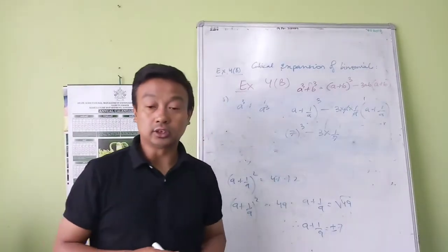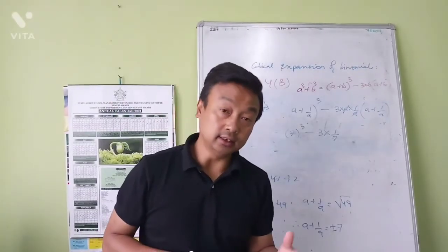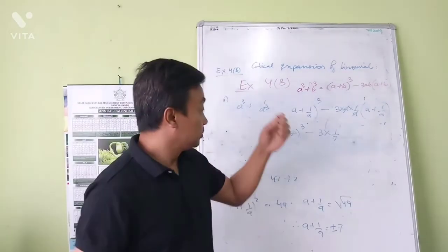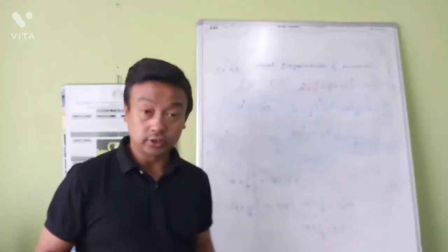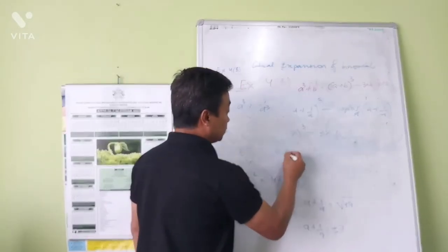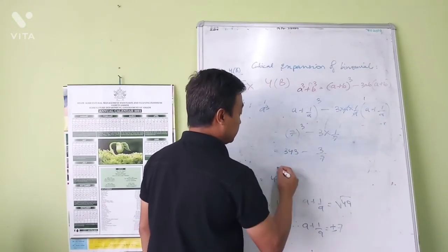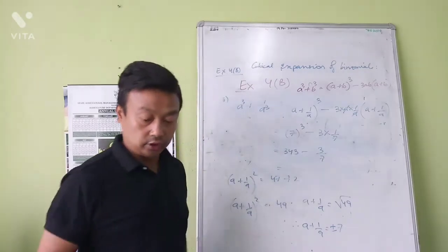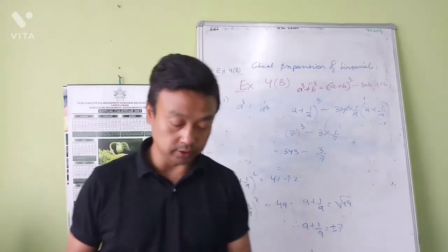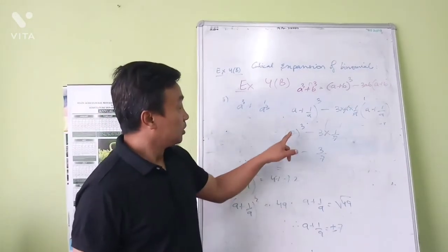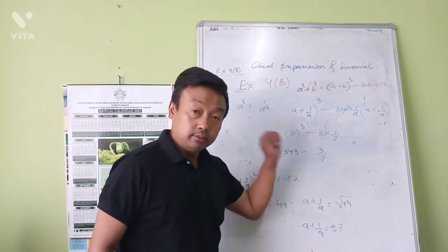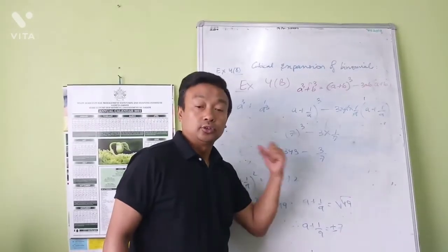So what is 7 cube? 7 into 7, 49. 49 into 7, 7 nines are 63. I think you'll get 343. Something like this, minus 3 into 7. So you can simplify this yourself because it is simple numericals. Then you have to take LCM and try to complete this yourself.